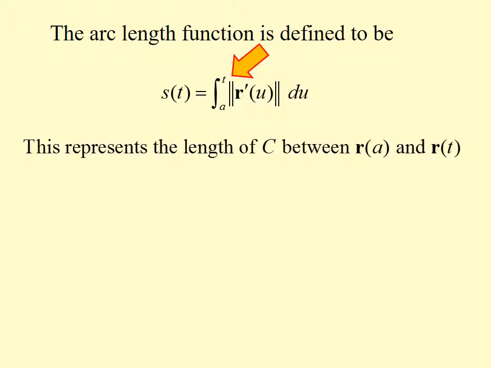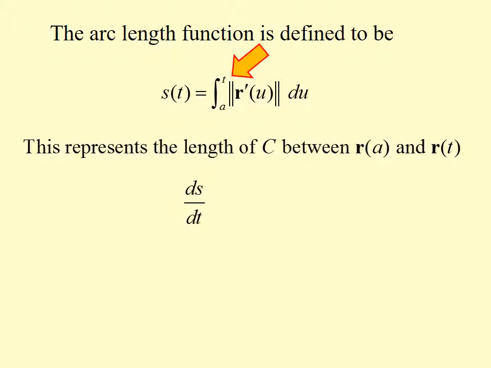Now, this is a function that represents the length of the curve between the r of a and r of t, meaning any value of t, a meaning some constant. Now, we did this in Calculus 2. One of the only things that we did with functions defined as integrals in Calculus 2 is the derivative of this function.